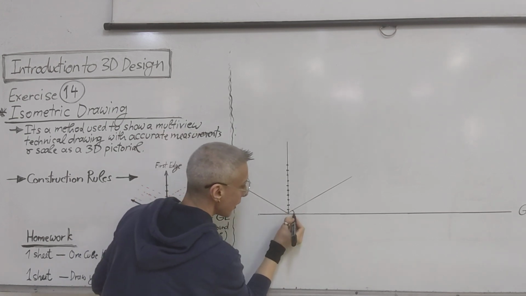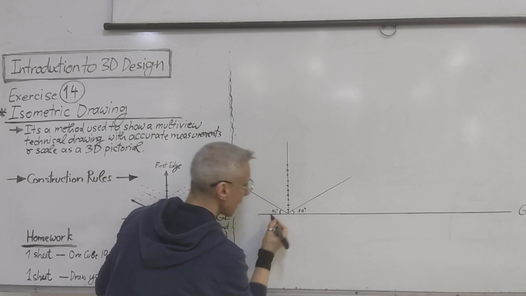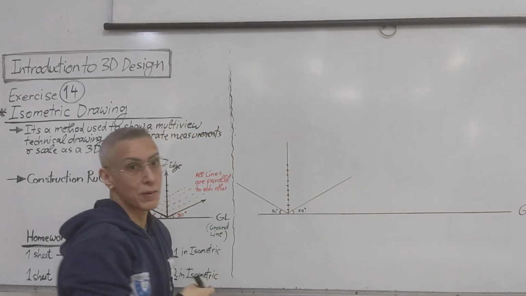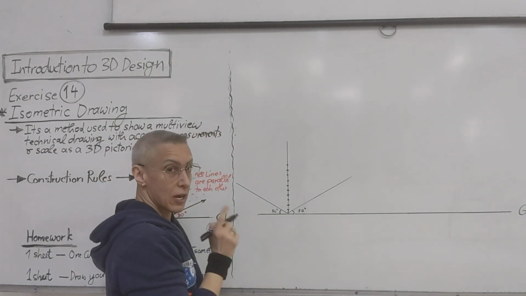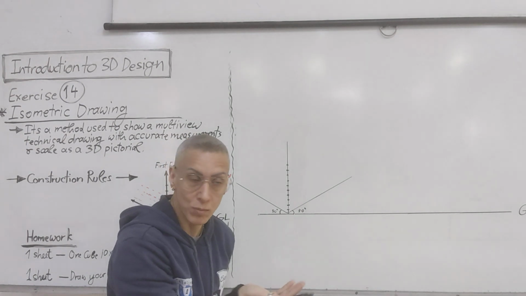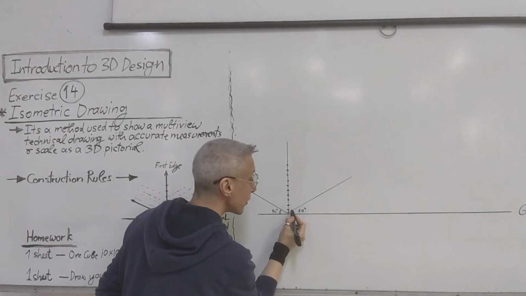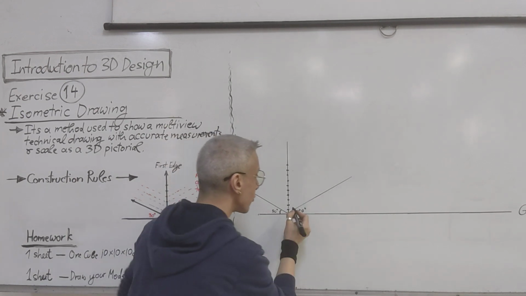So this should be 30, and this should be 30. Okay? Now, how long they will be depends on what you are drawing. Now, on this line and on this line, if this is a 10 by 10 by 10 cube, we have here 10, we will have here 10. Okay? So we will actually take a ruler and draw 10.